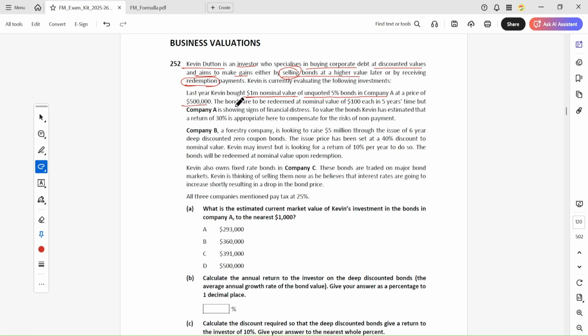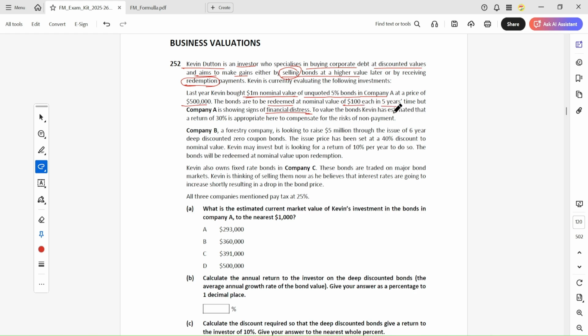The bonds are to be redeemed at nominal value, this is the redemption value, in 5 years' time. But company A is showing signs of financial distress, so company A has financial difficulties.